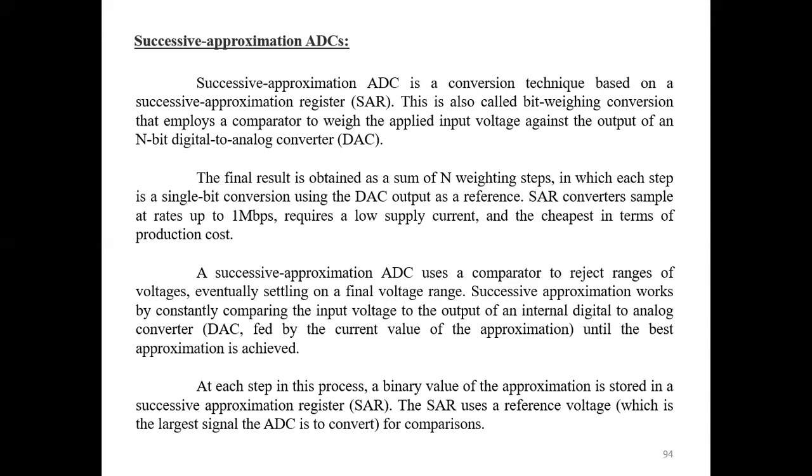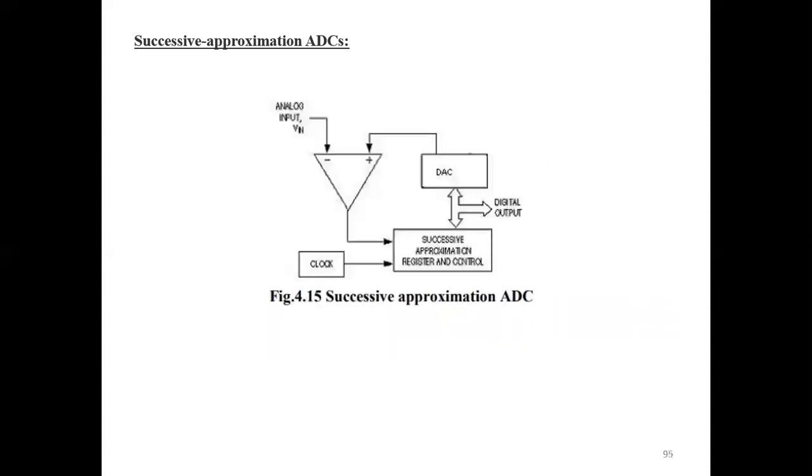SAR converters sample at rates up to 1 Mbps, require a low supply current, and are the cheapest in terms of production cost. The successive approximation ADC uses a comparator to reject ranges of voltages, settling on the final voltage range. So this is a model of the successive approximation ADC.